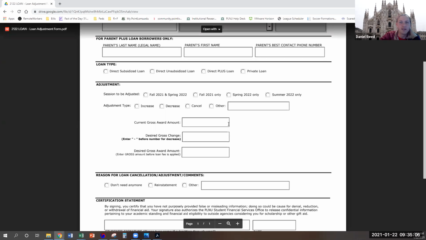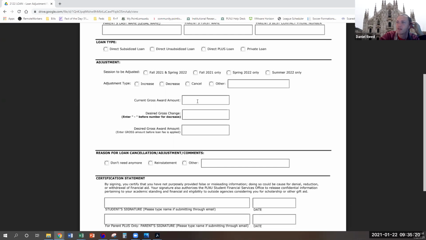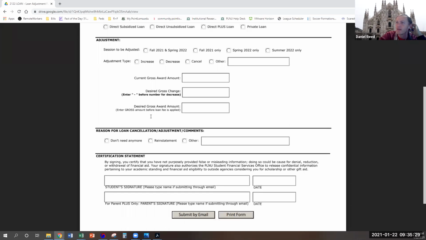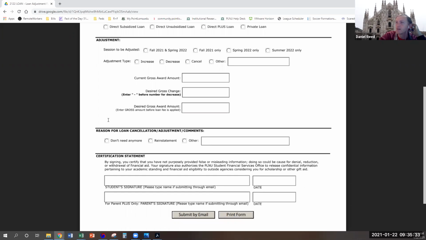Sometimes the student is looking to send back their credit balance to their loan. If they have a credit balance of $402, you're trying to figure out what that $405 gross amount would be. That was an estimate. Those calculators are helpful in completing these forms. And then just giving a reason for the adjustment.